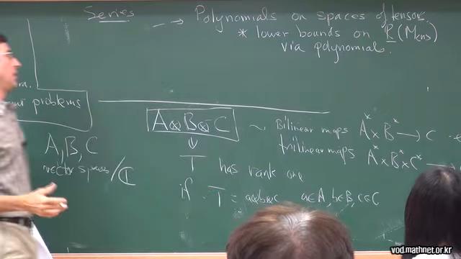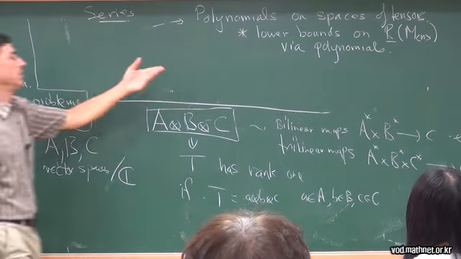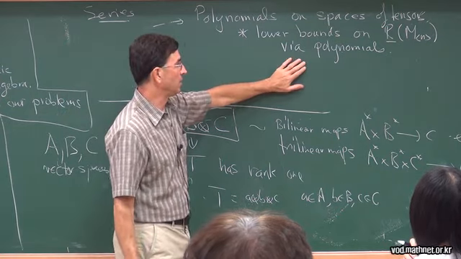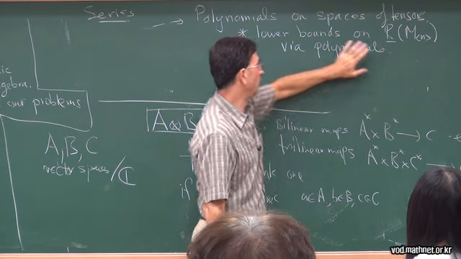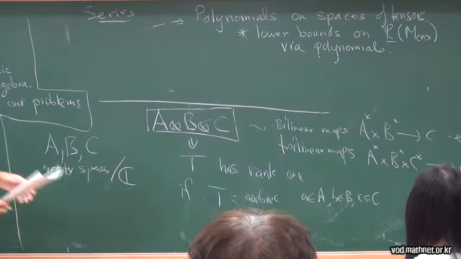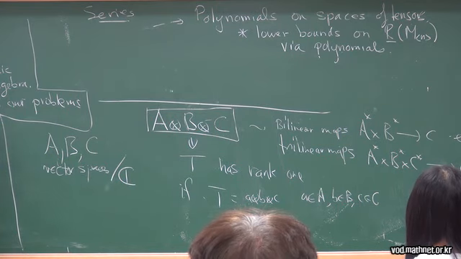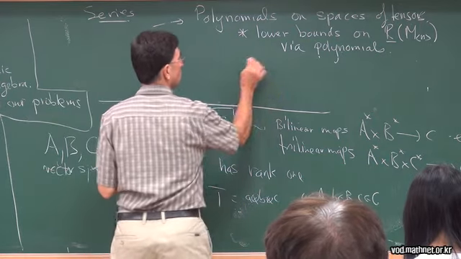And the best lower bounds on this border rank, in fact the only lower bounds on this border rank I'm aware of, have all been attained via polynomials. And so we'll bring us up to date on the state of the art in that.